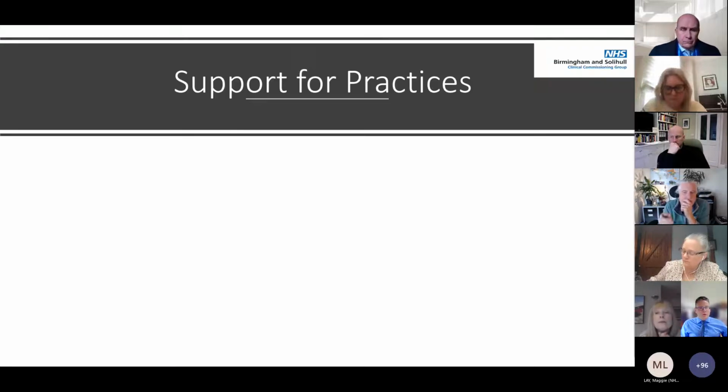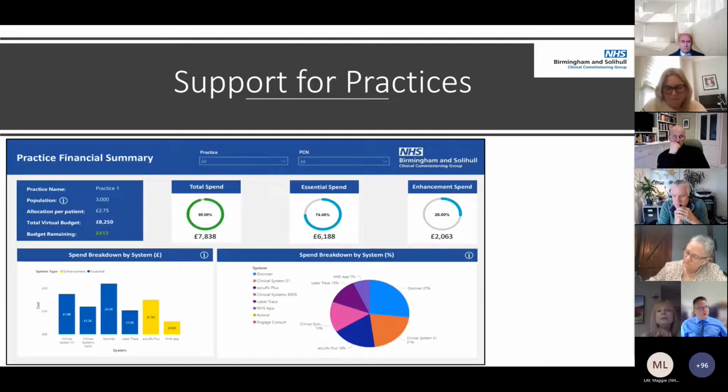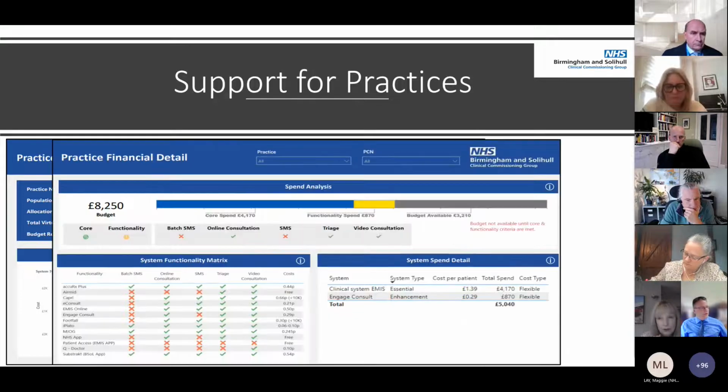So, like I say, a lot of this for us was about supporting practices, both in choosing products, in ensuring that the products were safe and well implemented, but also in having this virtual budget. So we've got the SharePoint site that looks at the finance side, so they know what they can spend and what they're spending it on, as well as the functionality that comes with it.